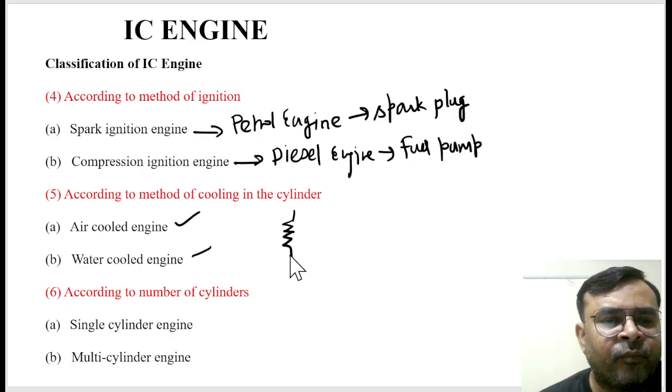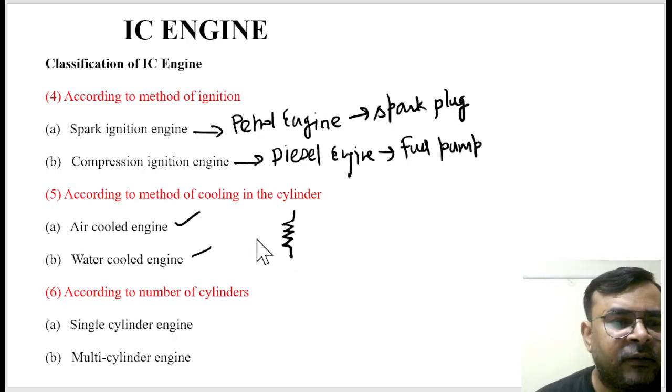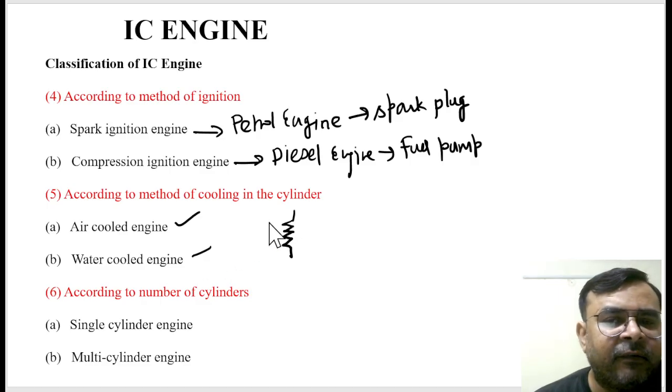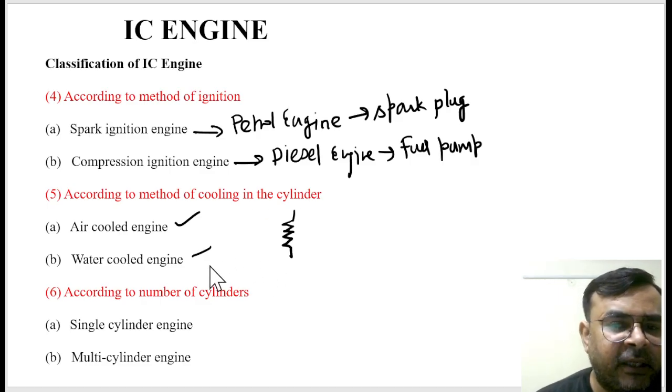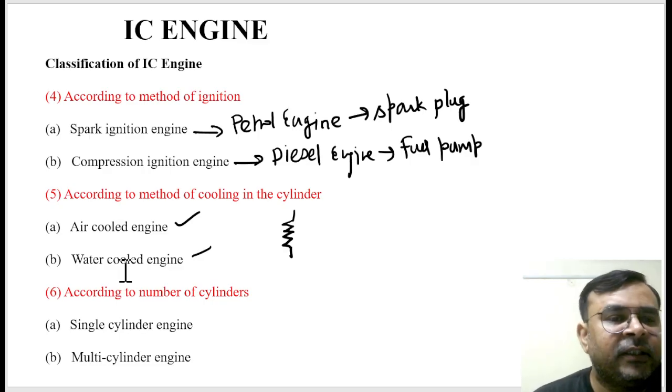Is it right? Okay. But in a water cooled engine, we have a water jacket through which we pass water to cool down the engine. So generally in cars, buses or trucks, we use water cooled engines. Means in the heavy engines, is it right? Even in a bike, if the engine size is very big, around 1000 cc, 2000 cc, then definitely we need to use a water cooled engine.